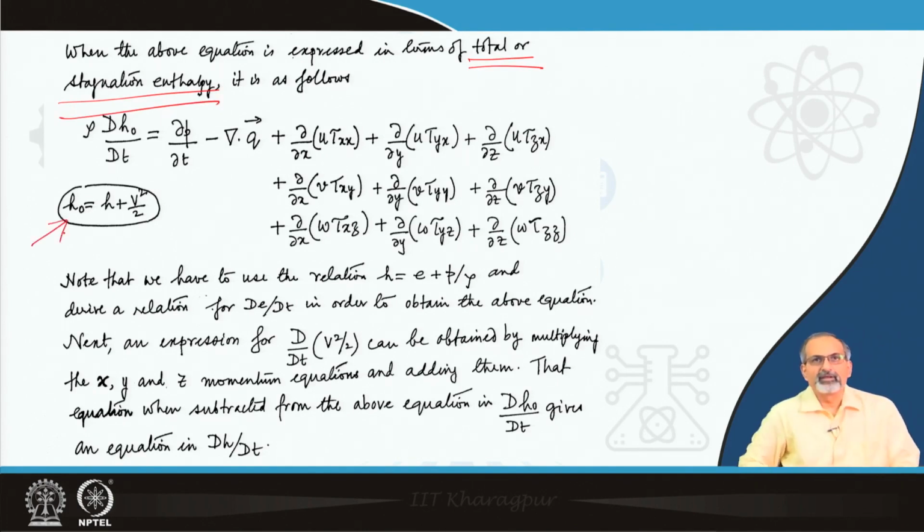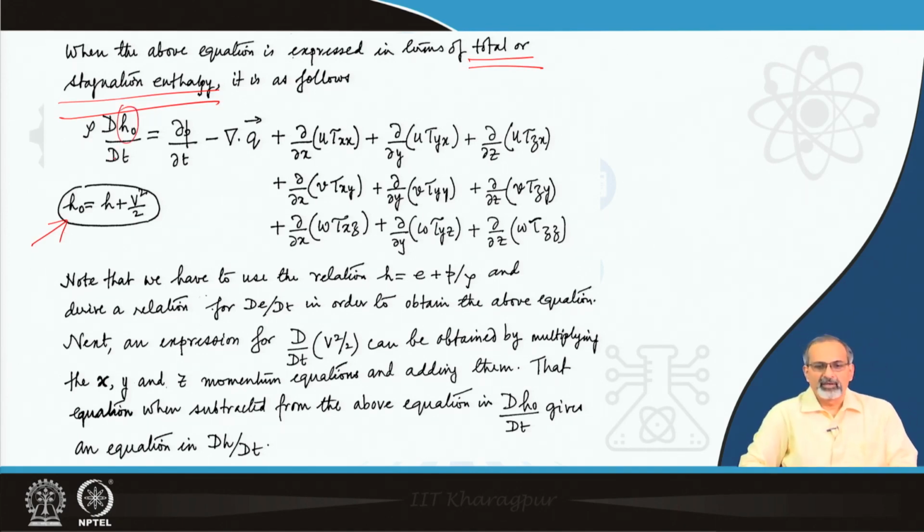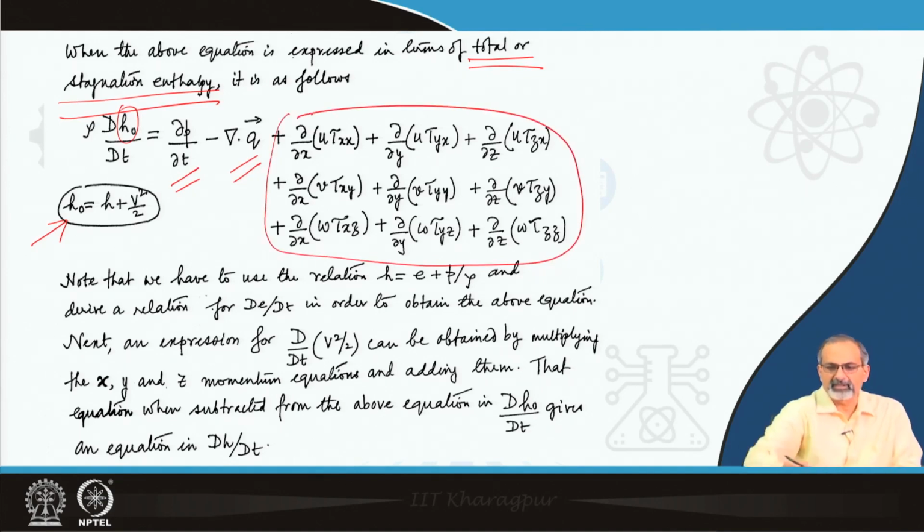That means you are moving to h plus v square by 2, which is coming under the substantial derivative now. You have a time dependent term for pressure, then the divergence of q, and a lot of viscous terms which are essentially products of velocity components and stress components.